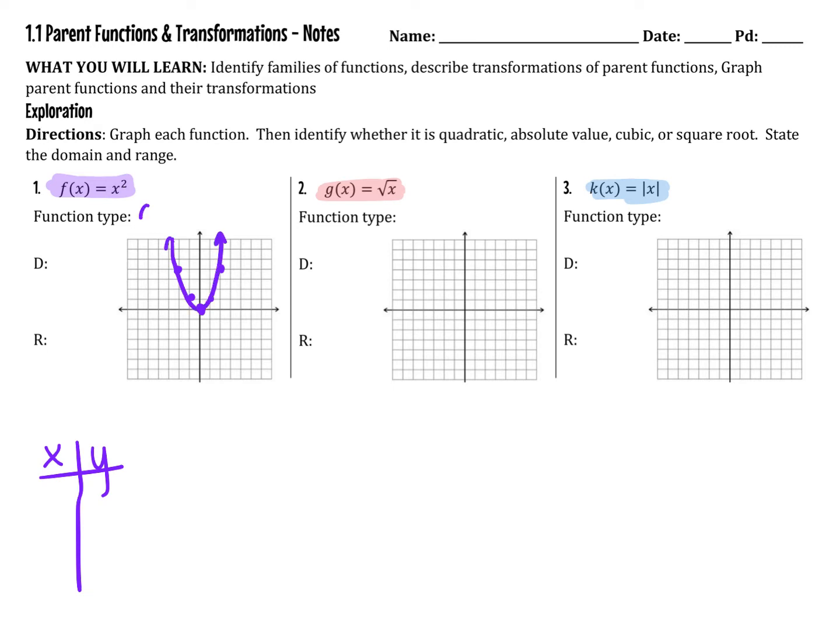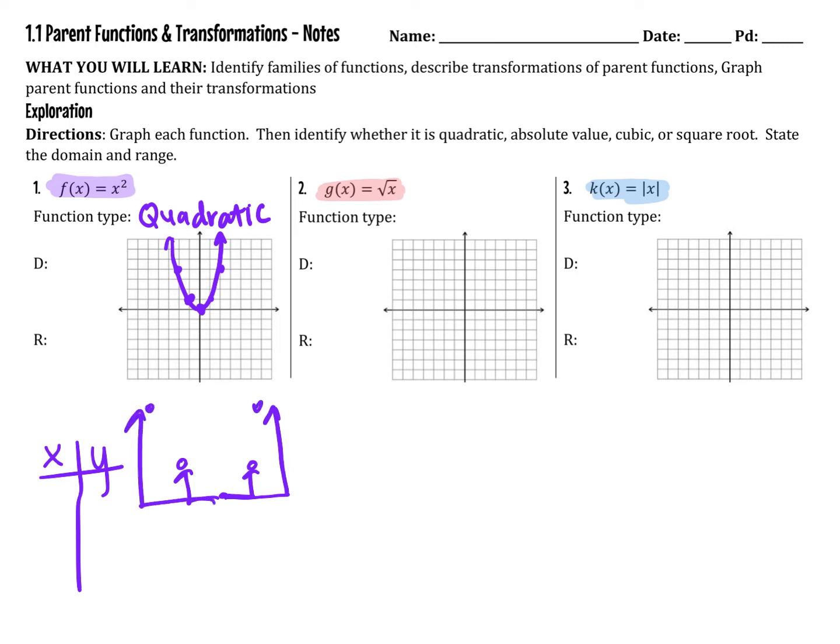So this function type is quadratic. So that's the basic gist of what I think of when I'm graphing a quadratic. I know that the vertex of the parent function is at 0, 0. I know that to move, I go over 1, up 1 to get to the next 2 points. And I know to get the other 2 points, I go over 2, up 4, over 2, up 4.